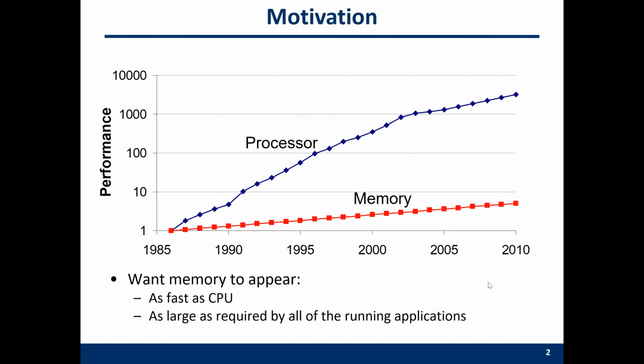You can see that there is a speed gap or latency gap between the CPU and memory. CPU speed doubles every maybe 3 years or 2 years. But you can see that the memory improves much more slowly, so there is a gap.